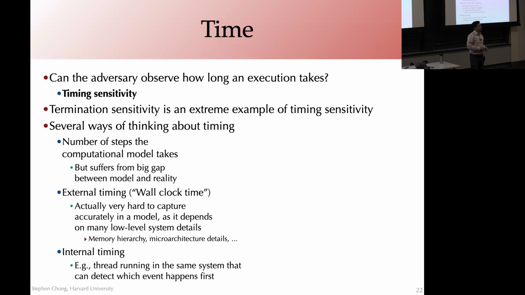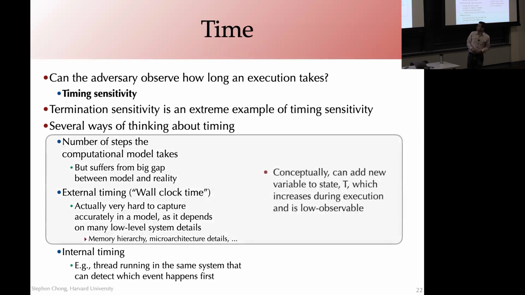So when we think about these different ways of timing, we can actually think about modeling them. For these first two, you could conceptually think about modeling this by having some additional state, a timing variable that somehow increases as execution goes on. For the simple number of steps it takes, it just increments every step.